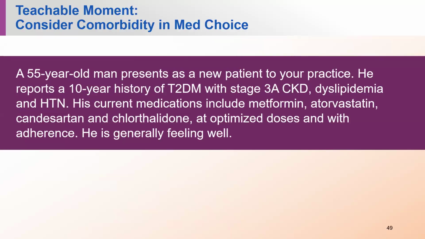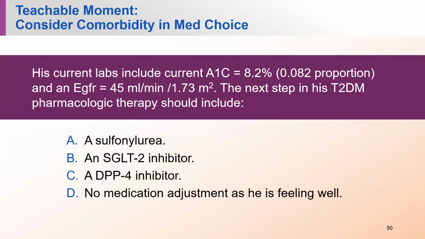And he's generally feeling well. So, yes, he's got type 2 diabetes, but what's the other big one here? He's got stage 3A CKD. His current A1C is at 8.2%, and his GFR is at 45. So that's where stage 3A CKD would be hanging out.